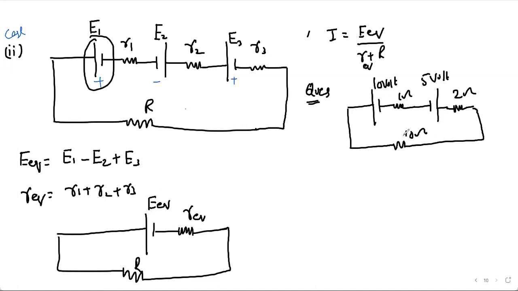Let's say this is 10. So Fatma, which polarity will you consider as positive, 10 volt or 5 volt? 10. And you will add EMF in this case or subtract them? Subtract. Very good. Just note it down and get the value of it.